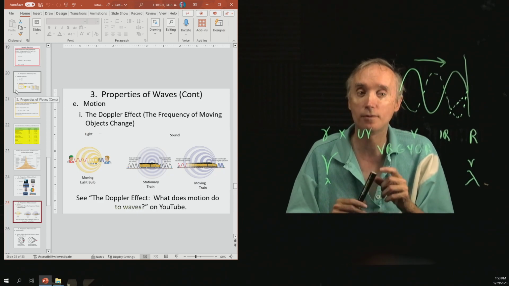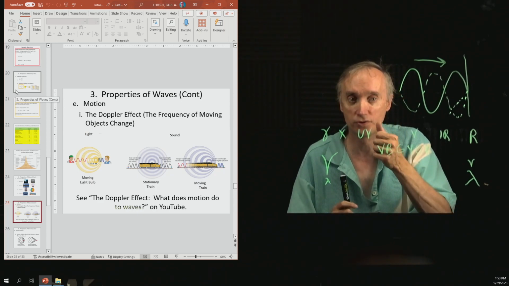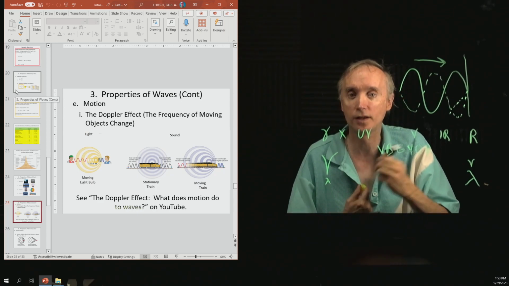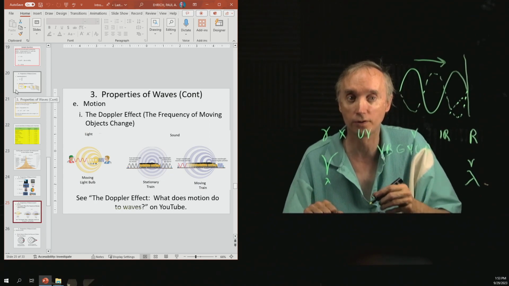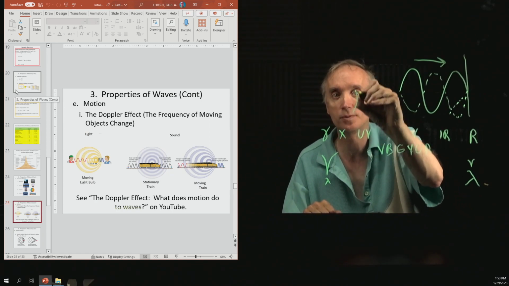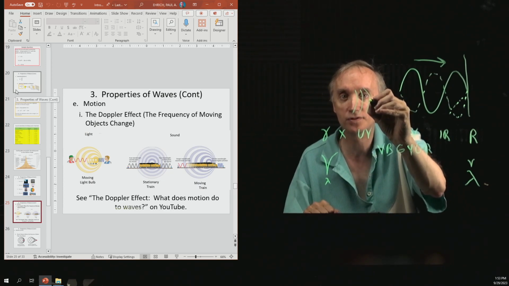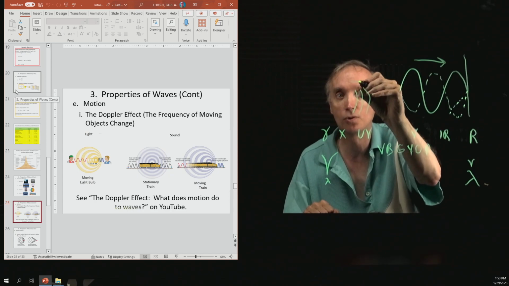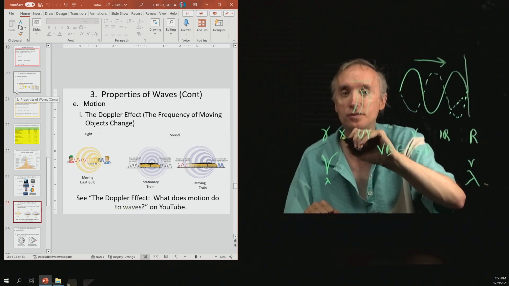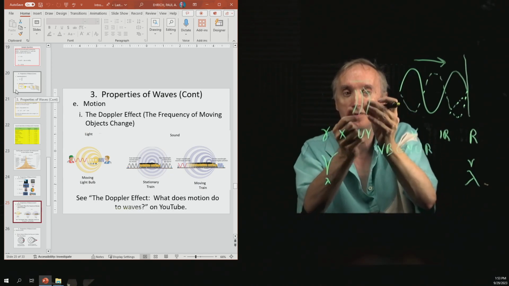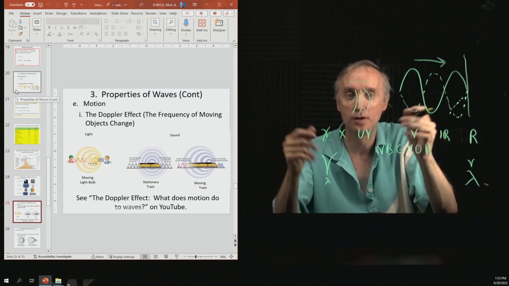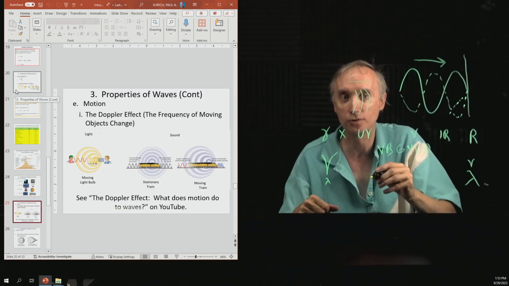Okay, if something is moving towards you, its wavelength is going to get smaller. The distance between those lines is the wavelength, and it gets smaller if it's moving towards you. If it's moving away from you, those lines are going to get further apart, so the wavelength is going to get larger.